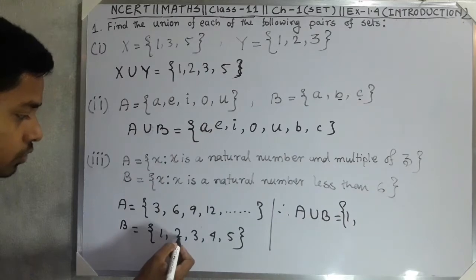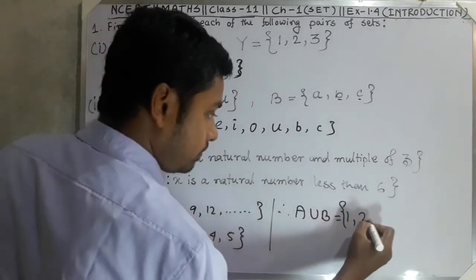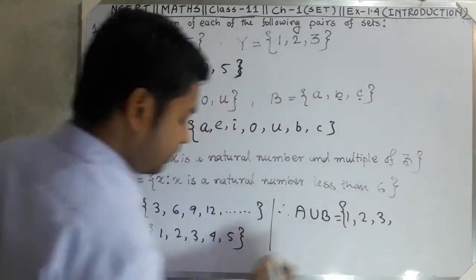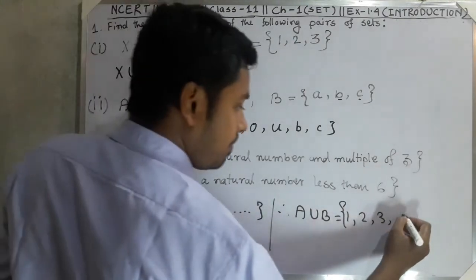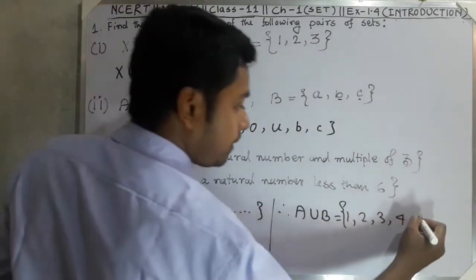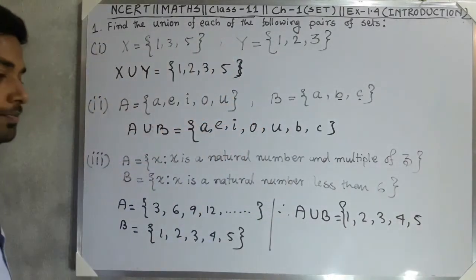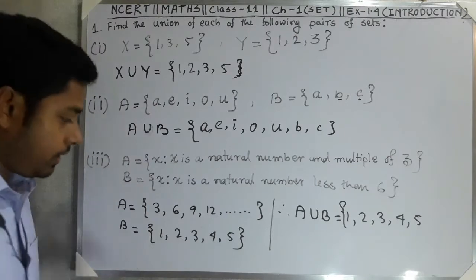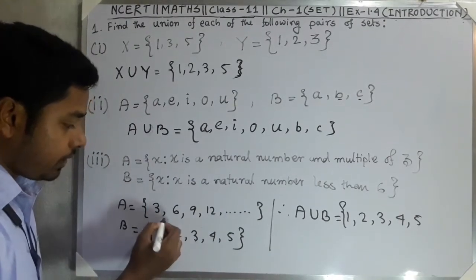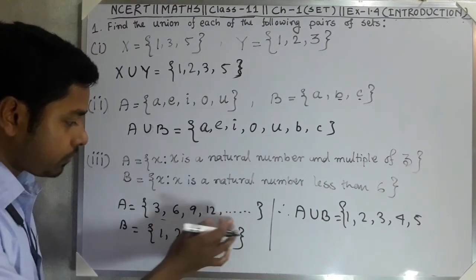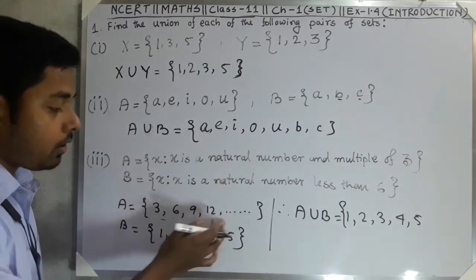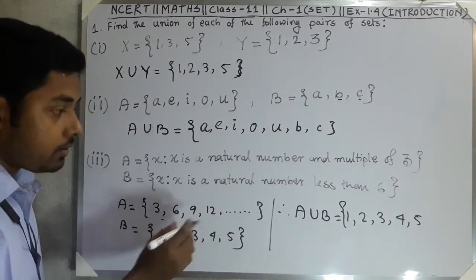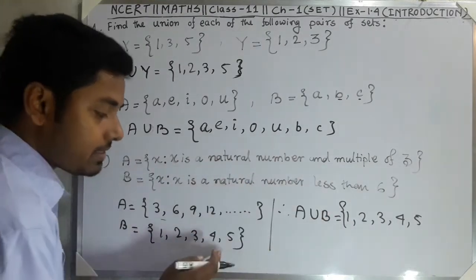Okay, then 2, 3, 4, 5, and listen now, easily we can tell it will be the set A. Why? Because here we have only the multiples of 3, and here the natural numbers less than 6.